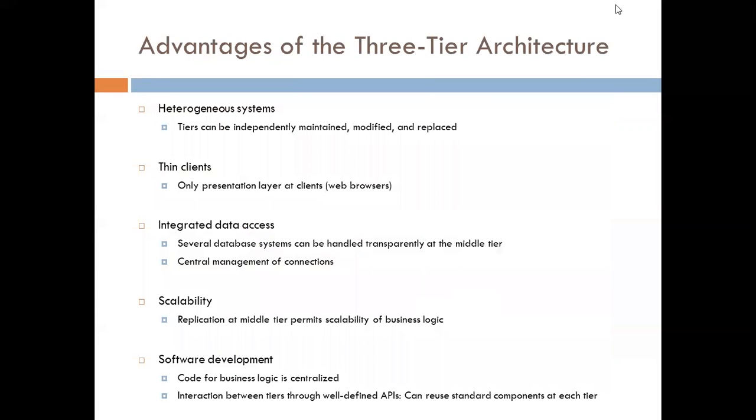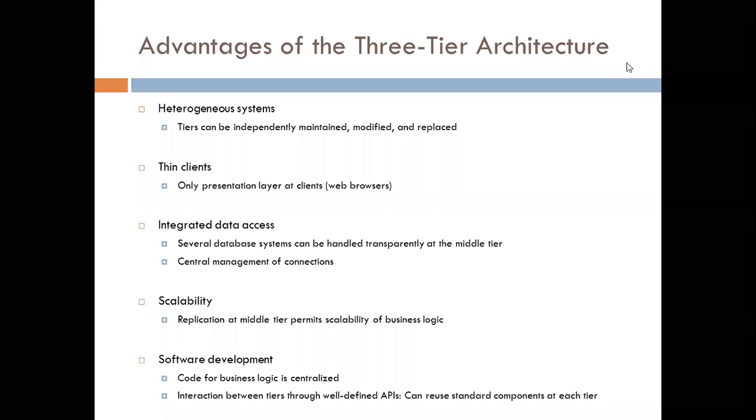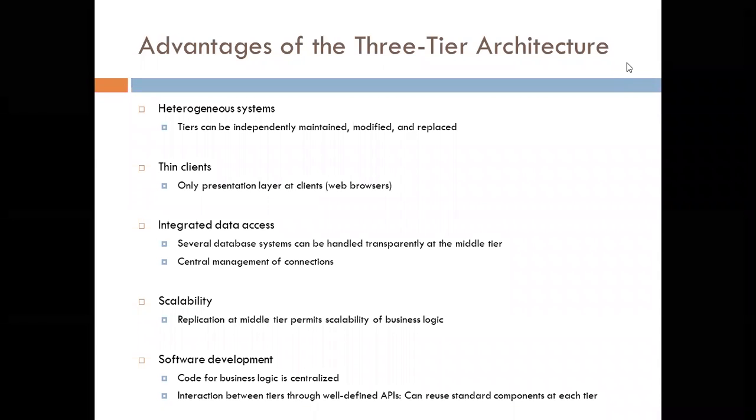So the various advantages of using the three-tier architecture involve the heterogeneous nature, which means that each tier can be independently maintained, modified, or replaced.